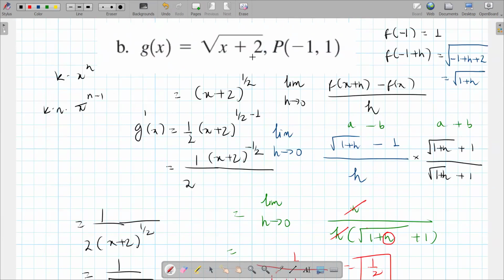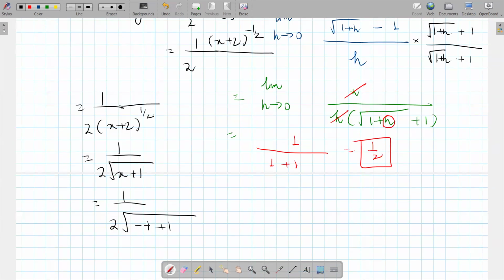If x were to be negative 1, what would that give you in the denominator? What's the denominator right now? It'll give you a 0 in the denominator, right? Do you see that?